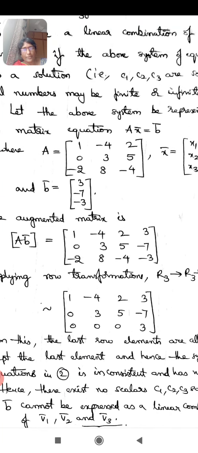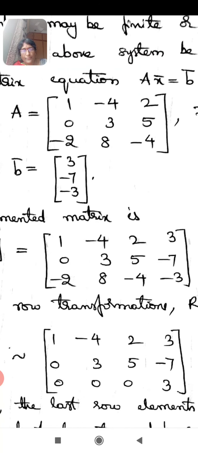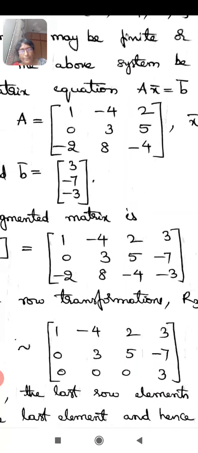Now consider the augmented matrix [A | b bar], and this looks like this with the first three columns taken from A and the last column, the fourth one, taken from the vector b bar.